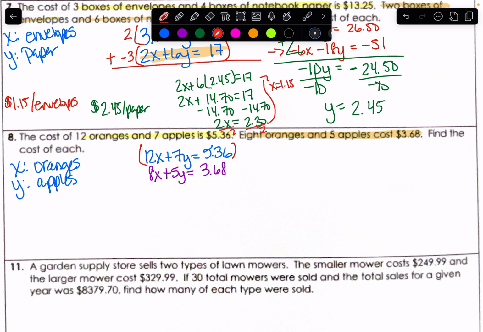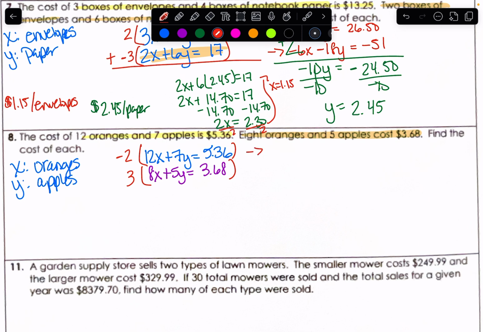So my least common multiple for 8 and 12 would be 24. So that means I'm going to multiply something by 2 and something by 3. And then I need one of them to be opposite. So I'm going to choose to do a negative right here.